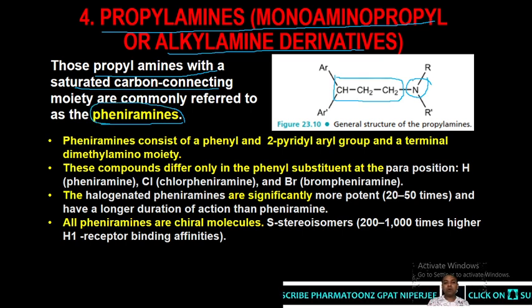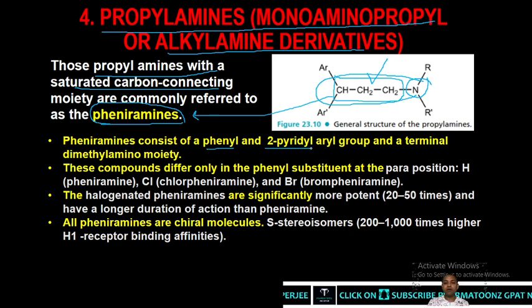When this propylamine has a saturated carbon-containing moiety, it is called pheniramine. Pheniramine basically consists of a phenyl group, a 2-pyridyl aryl group and a terminal dimethylamino group. In pheniramine this moiety is phenyl, the Ar moiety is a 2-pyridyl aryl group, and the terminal nitrogen is a dimethylamino group. Then it is called pheniramine, and these compounds differ only at the para position.